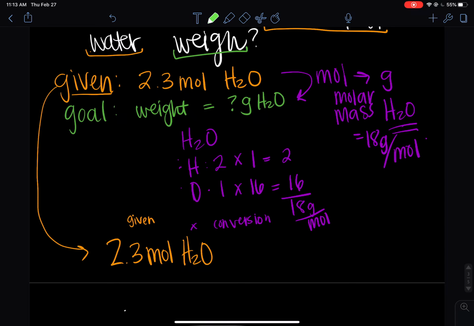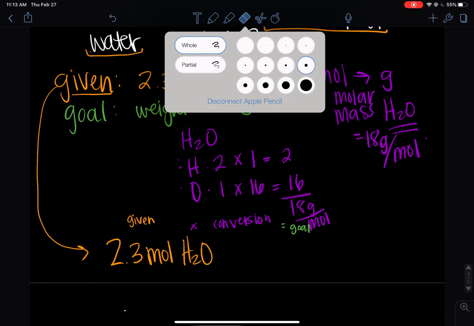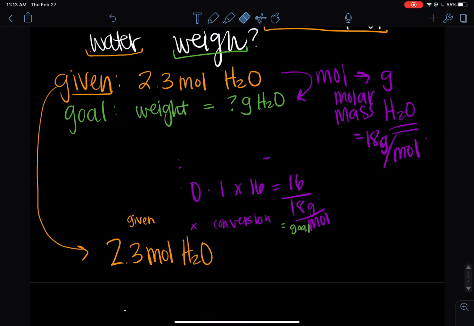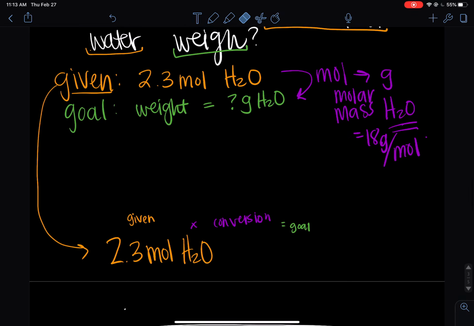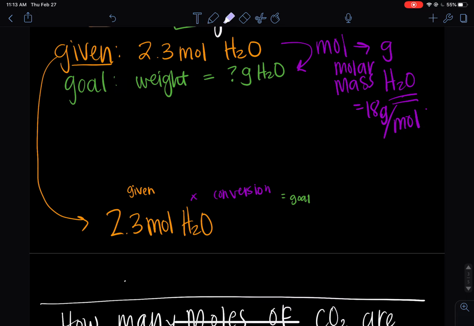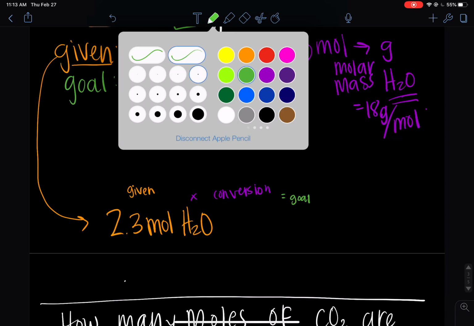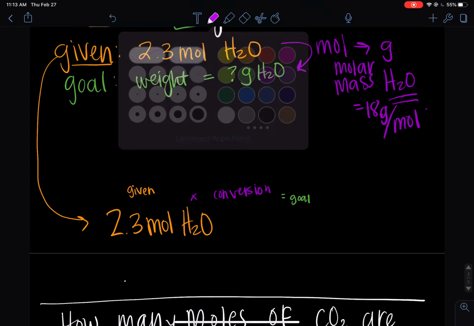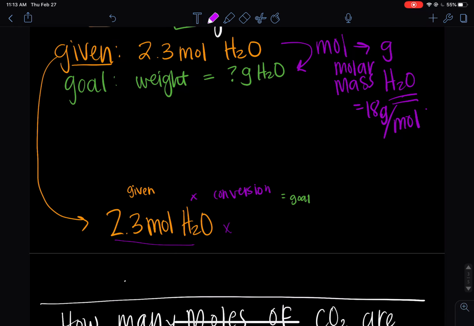So we have to eventually equal goal. So I'm still at given, so I need to multiply my given by a conversion factor.